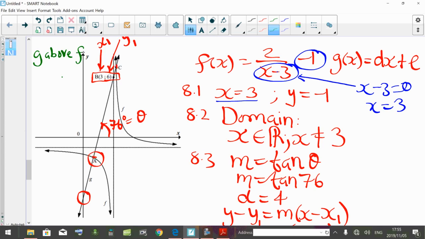And sometimes it helps me to introduce some colors here. There is my f, which is blue. And this is G, which is green.